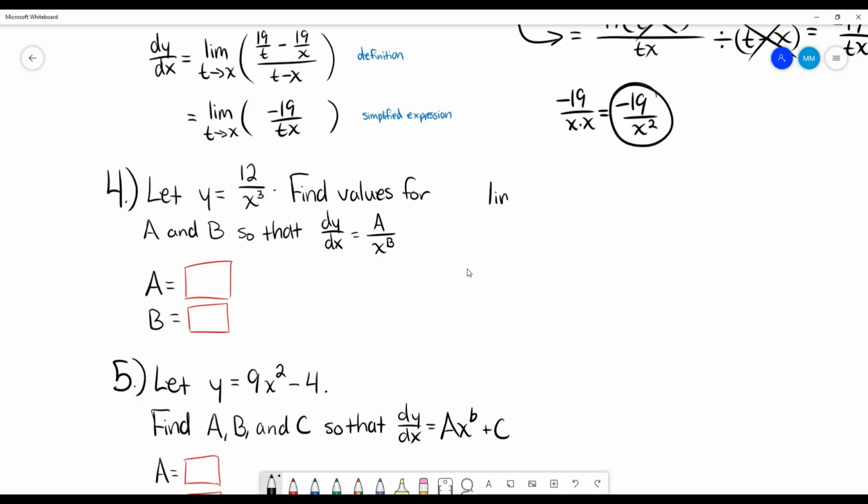So once again, we set it up. It's the limit. So dy/dx equals the limit as t approaches x of our f of t, right? So it's going to be 12 over t cubed minus f of x, so 12 over x cubed, all over t minus x.